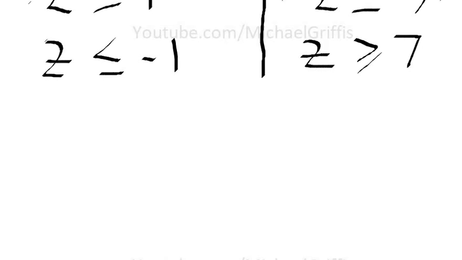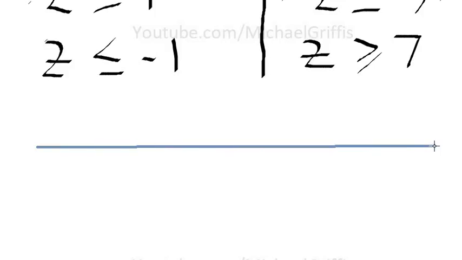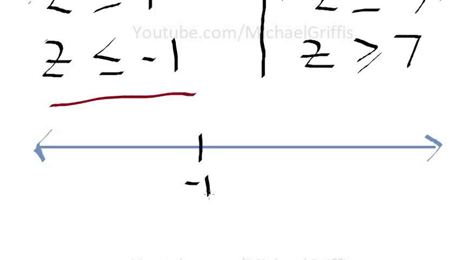Now what we want to do is go ahead and draw a number line so we have a picture to look at. Pictures are worth thousands of words, I promise. Taking a look at this, we have z is less than or equal to -1. So let's plot -1 on our number line, just arbitrarily pick a point.